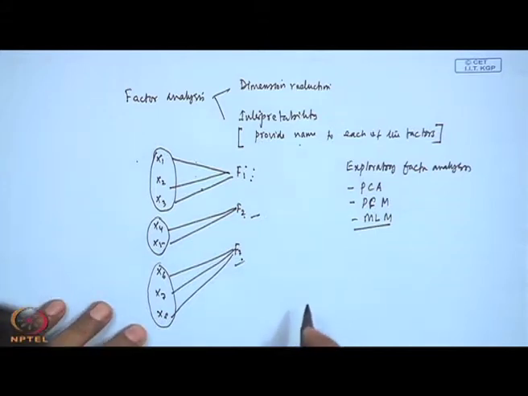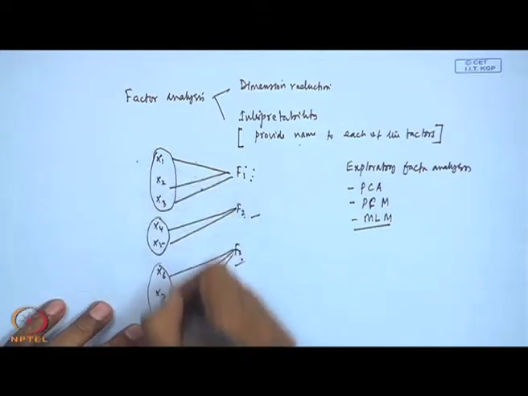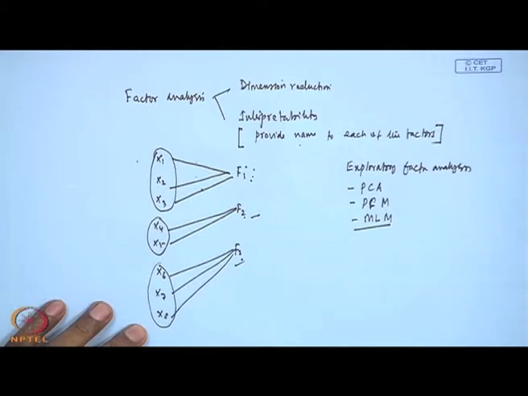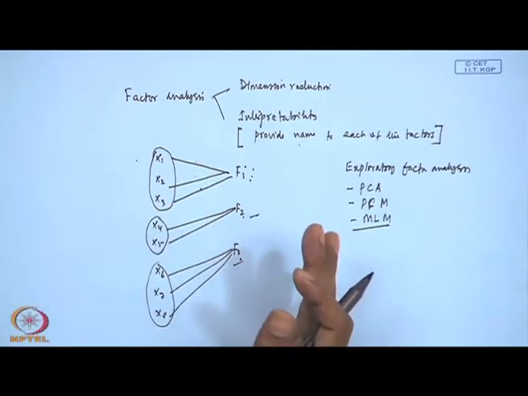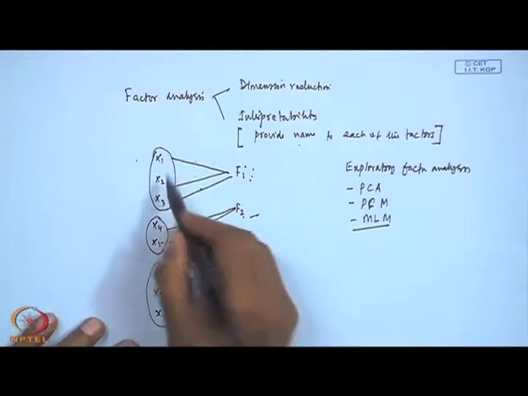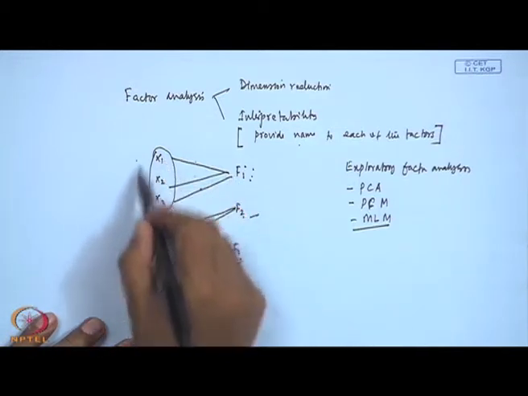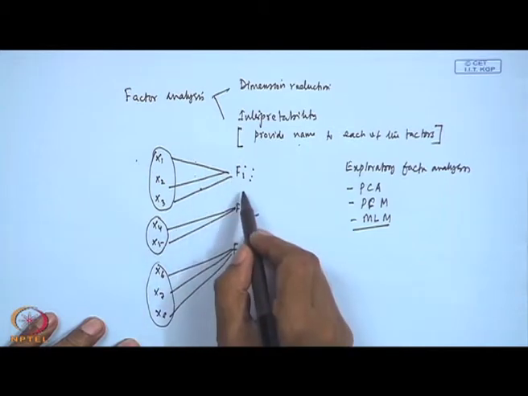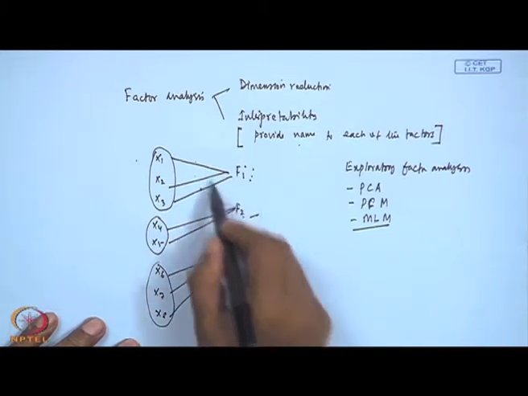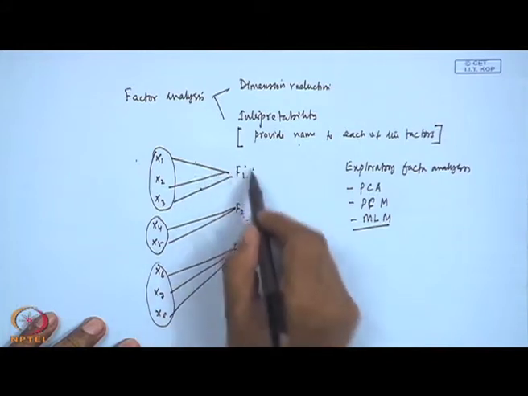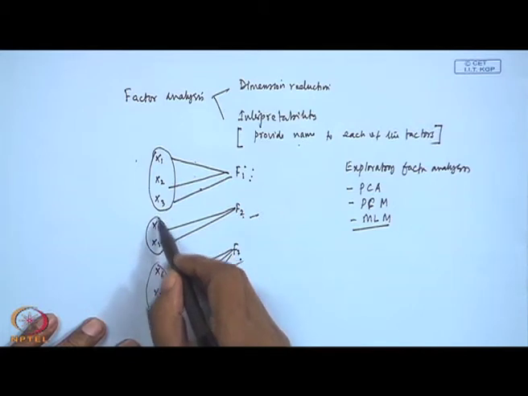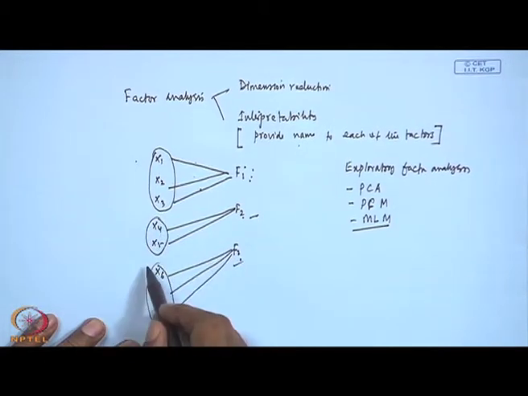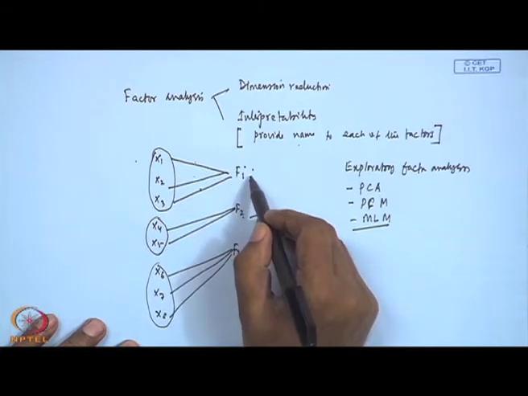It may so happen that you will not get this structure. Under such a situation, it is desirable to rotate the factors in such a manner that the loading of some of the variables on a particular factor, that f1, will be maximum, whereas the loading of other variables will be minimum.